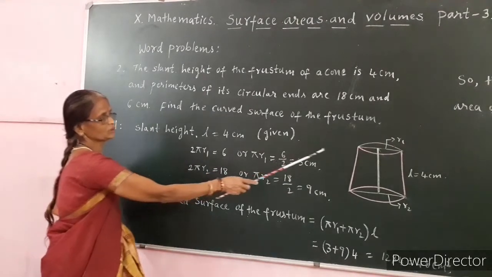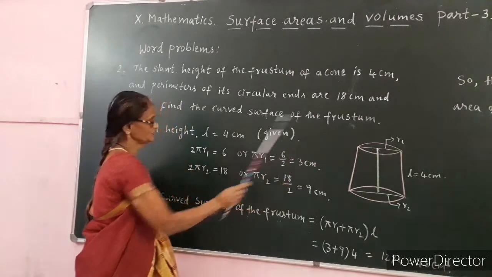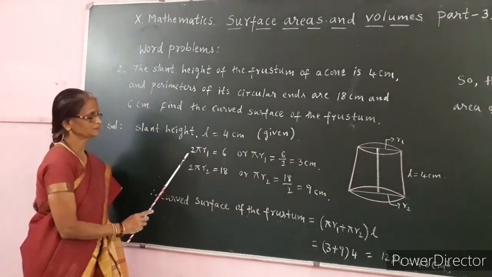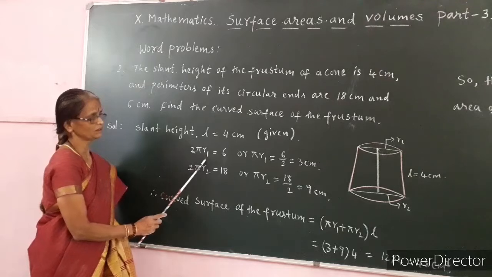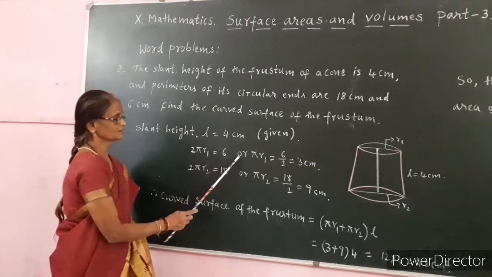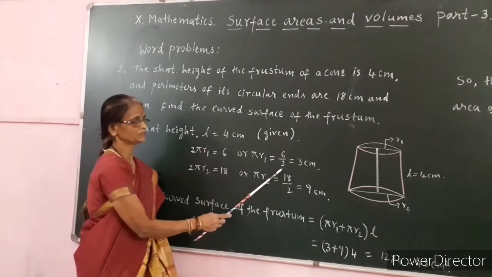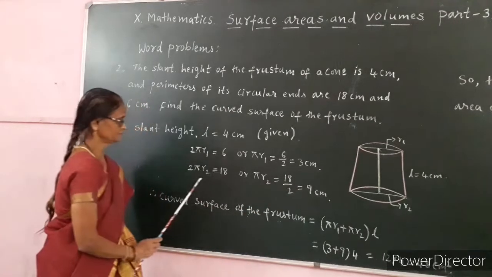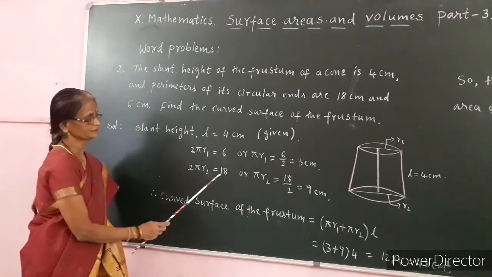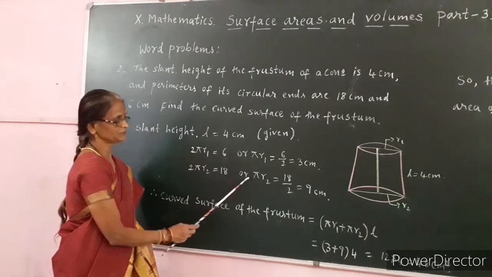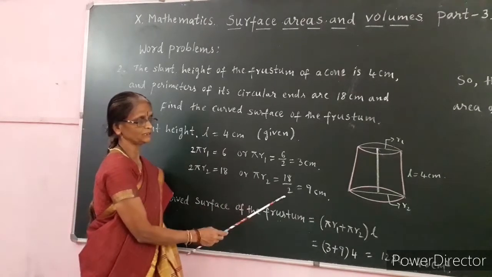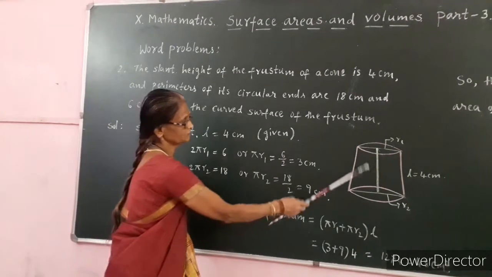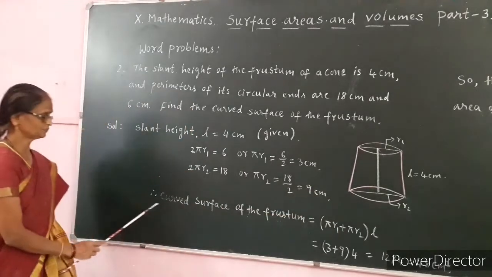The circumference or perimeter of a circle is 2 pi r. We know that. So 2 pi r1 equals 6, or pi r1 equals 6 by 2 equals 3 centimeter. 2 pi r2 equals 18 centimeter, or pi r2 equals 18 by 2 equals 9 centimeter. Now apply the formula.